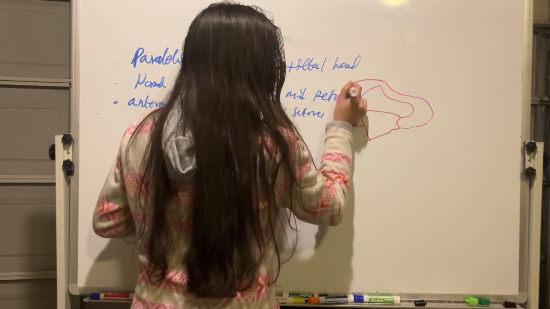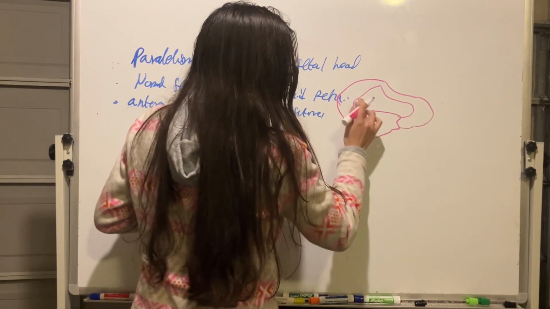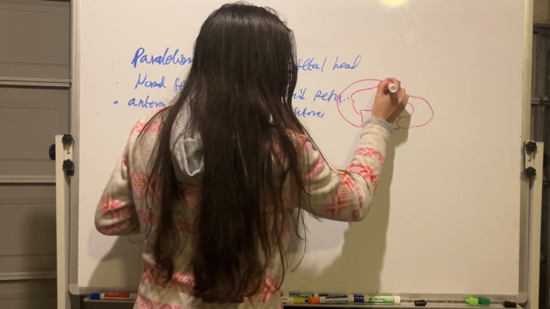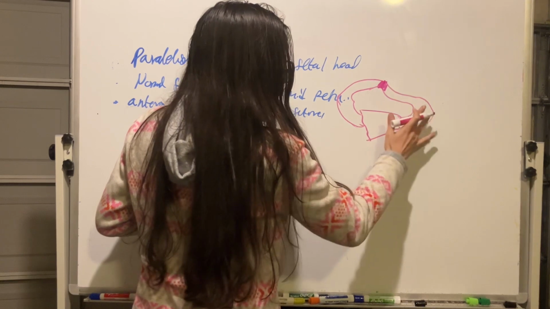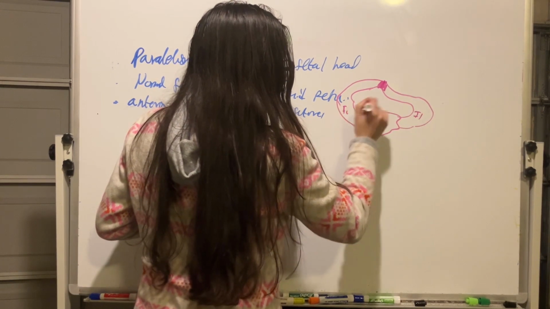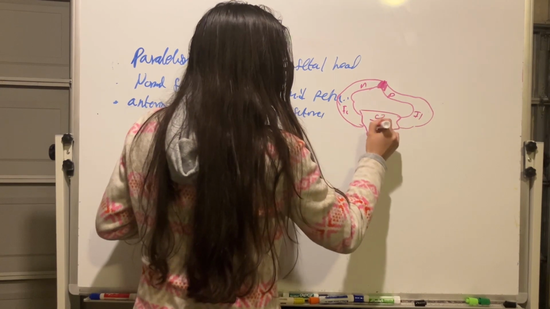So kind of this. Anyway, this is the symphysis of the pelvis. This is the iliac wing, this is the iliac wing, and this is the pelvis, and this is the sacrum.